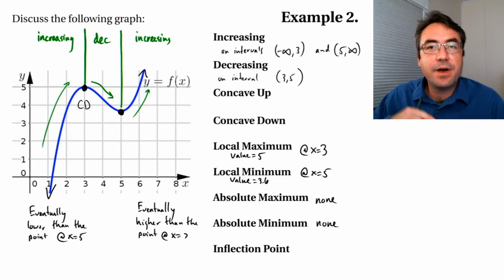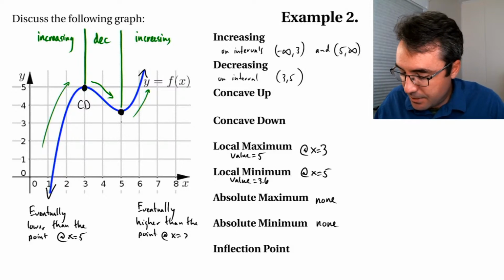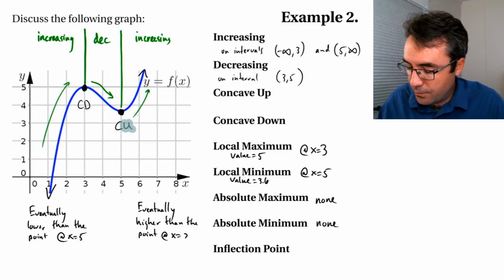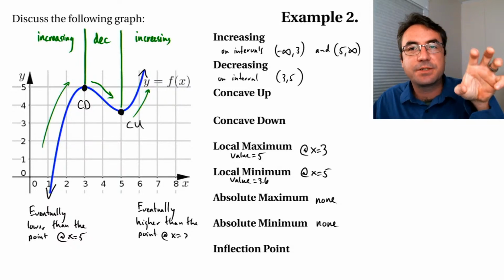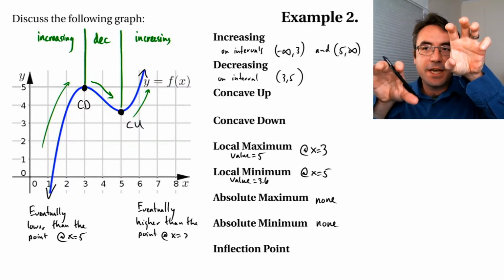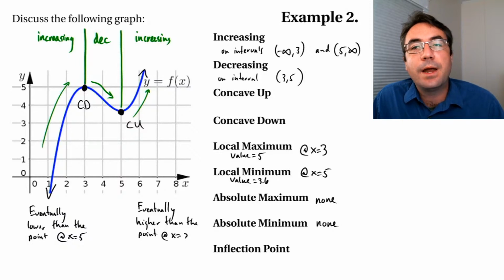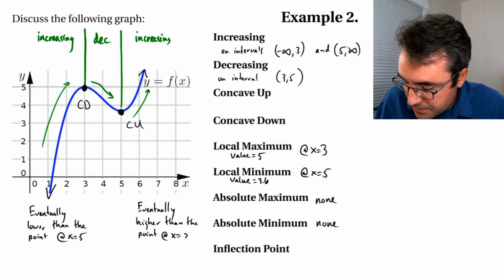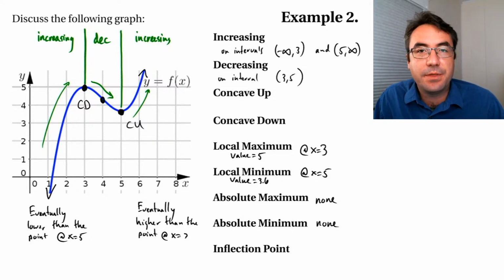For concave up, we're looking for a U shape, and we're seeing it right along this low point over here. When we have a section of our graph that's concave down and another section that's concave up, there must be some point in the middle where it switches. It's kind of hard to identify, but it looks to be right around that point there.